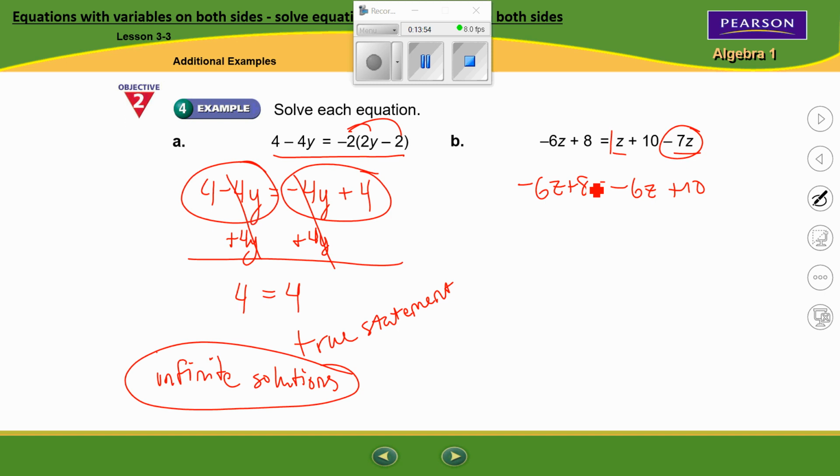I'm looking at this and I'm thinking, looks like another problem on our hands. It looks like we got something else going on here that's a little weird, a little unique. So I'm thinking, all right, what if I want to get the variables together? So I go plus 6z, plus 6z. This cancels, this cancels. Now I've got 8 equals 10. Well, I know a lot's changed in recent times, but unless our entire number system has changed, this is false.